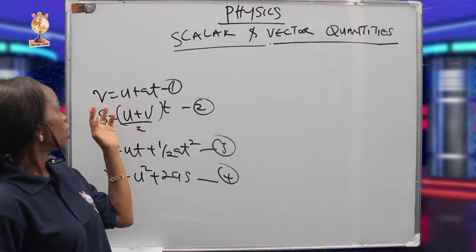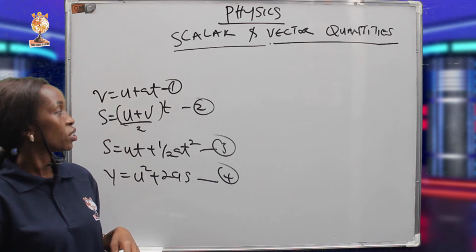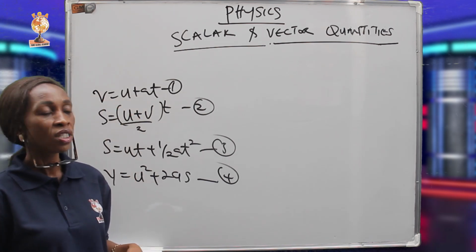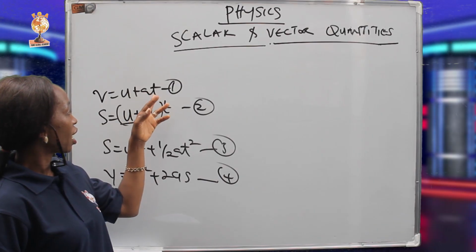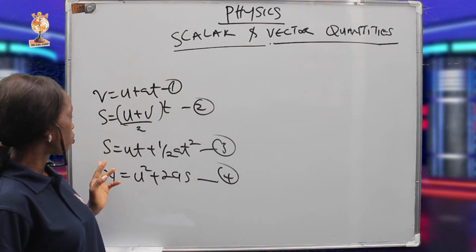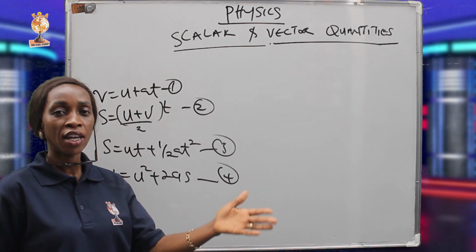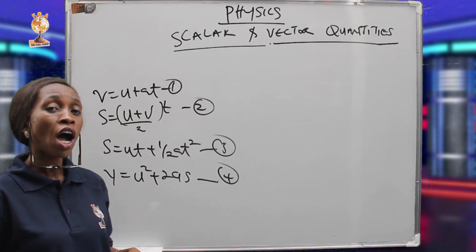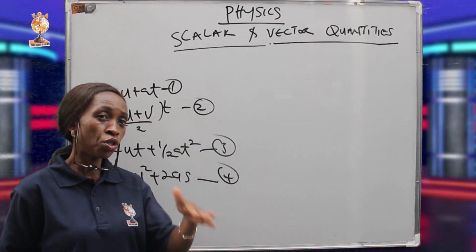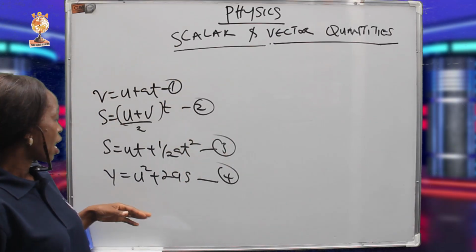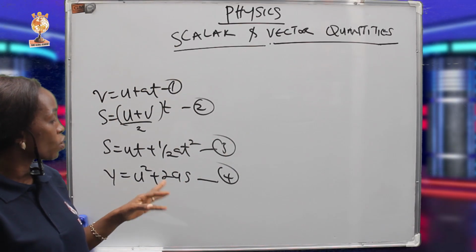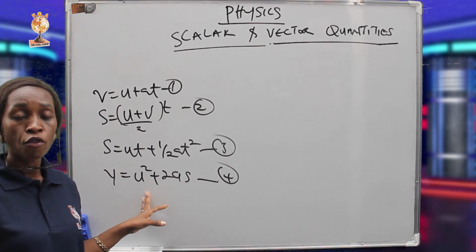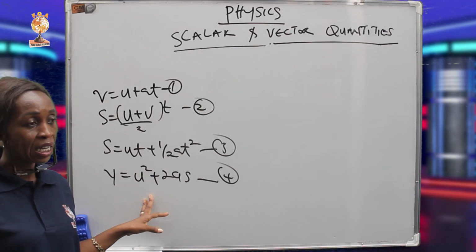We say that v represents final velocity, u is initial velocity, a is acceleration, and t is time. s here represents distance, how far a body travels, which can be calculated using this formula from our velocity-time graph, which we discussed in the other two classes. And v squared equals u squared plus 2as is also a formula to calculate velocity, as the case may be.